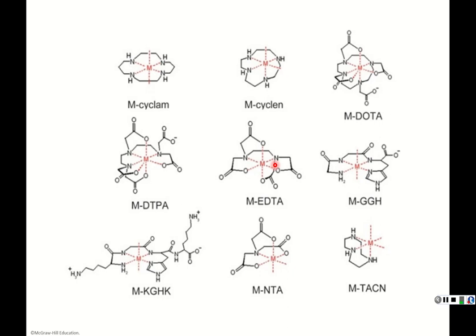Things like EDTA are often used in the lab or industrially. I think it's even used in swimming pools and stuff like that to chelate metal ions in water, so kind of remove them from any damaging effects.